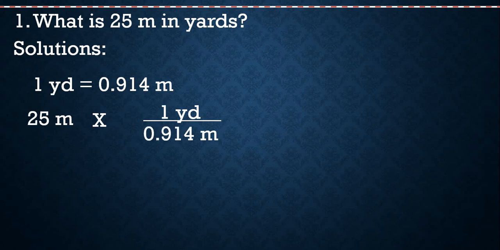So, yung ating denominator is in meter para makancel natin yung unit. Then, 25 times 1 divided by 0.914 is 27.35 yards. So, meaning to say, 25 meters is equivalent to 27.35 yards.